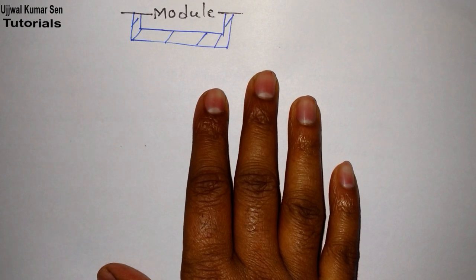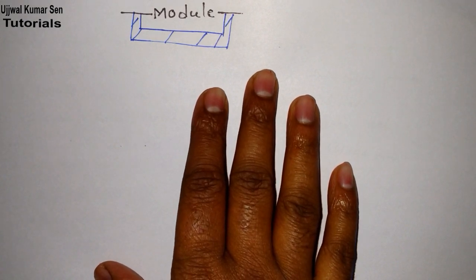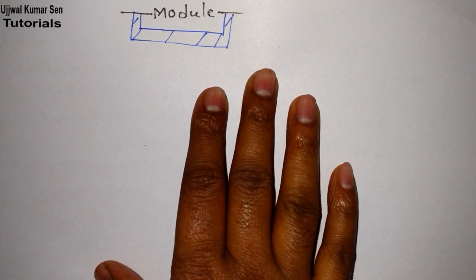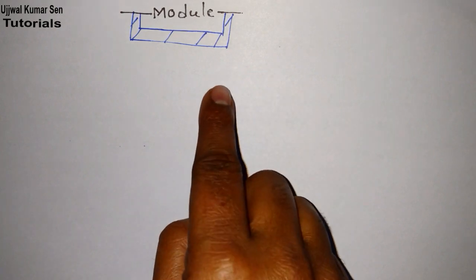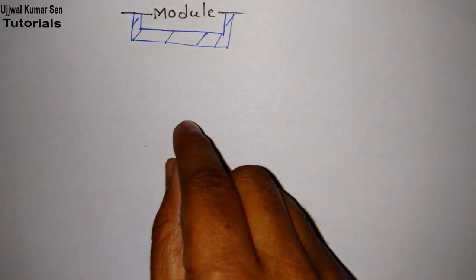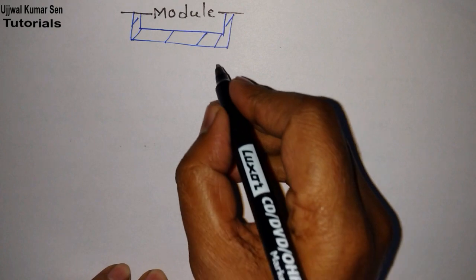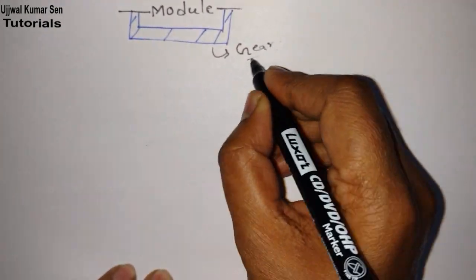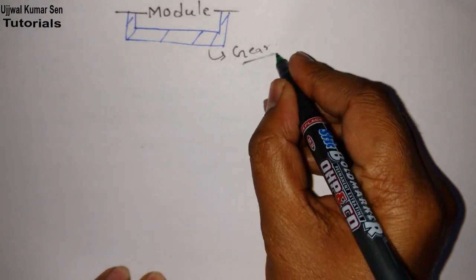Yeah, a simple question I would like to ask you in the beginning of the tutorial. Can you believe that in GATE previous years I have seen a couple of questions asked from a simple topic, that is module. In this tutorial, it's all about gear.